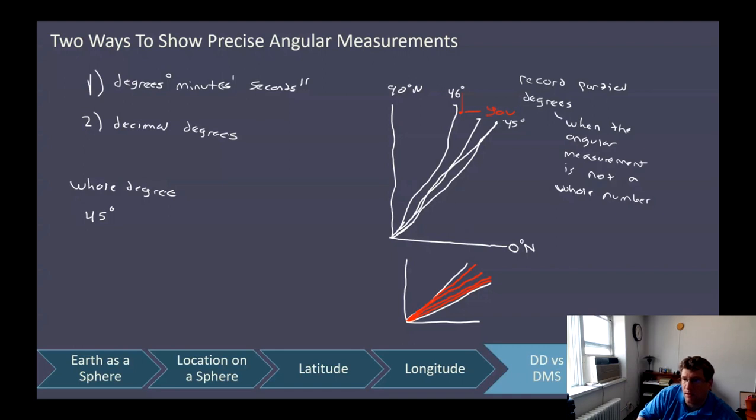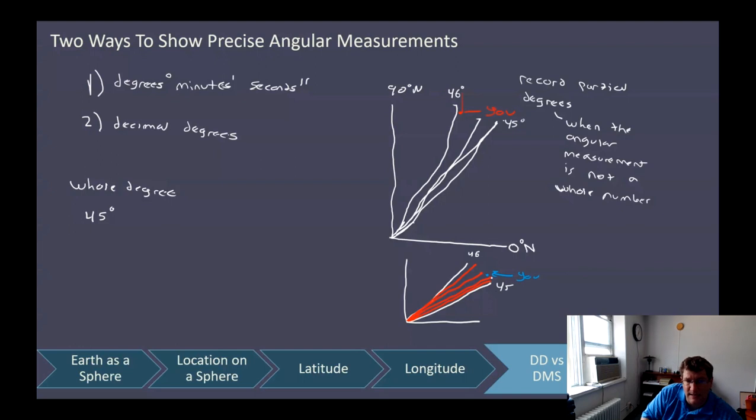Let's go ahead and put you back in here. So that's you. What we do with degrees, minutes, seconds is we break this space between whole angles. This is 45 and this is 46.